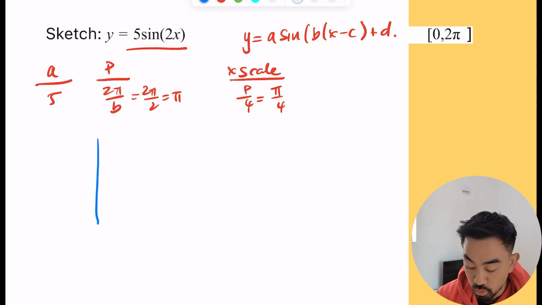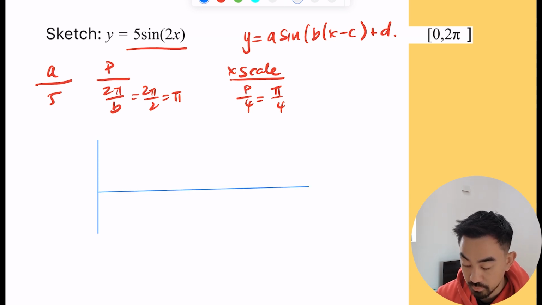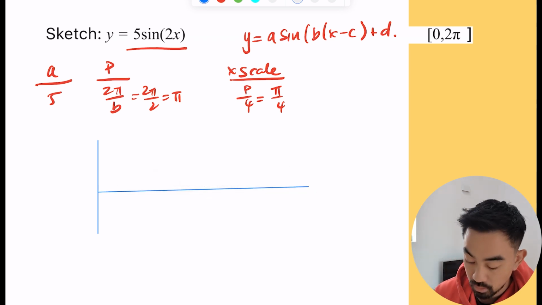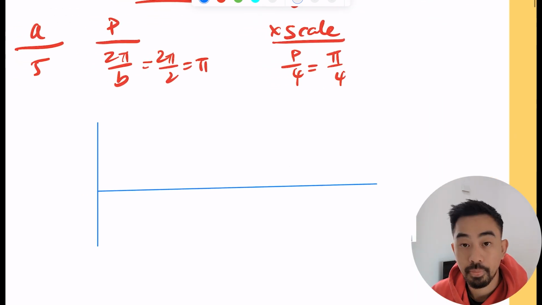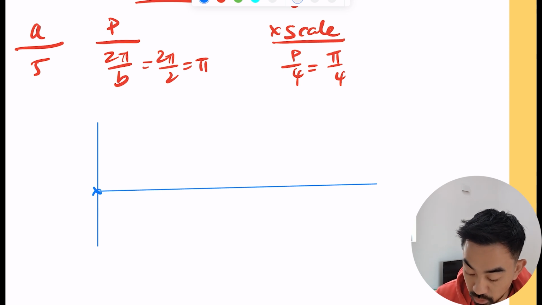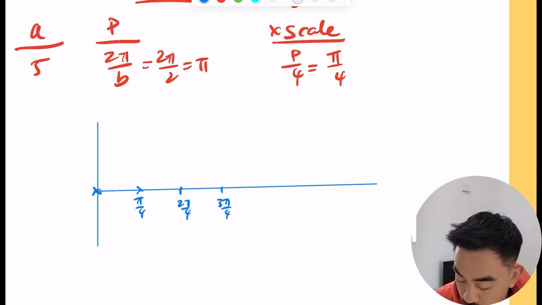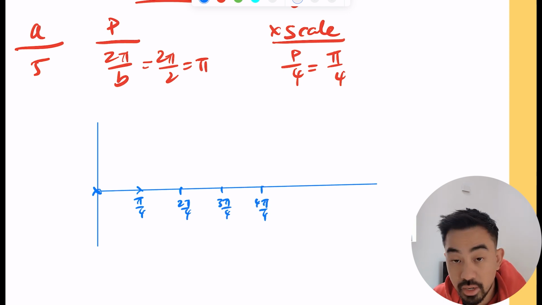So like before, draw in your axis. Okay. All right, now we're going to just put in the x scale first. So we've got 0, pi on 4, 2 pi on 4, 3 pi on 4, 4 pi on 4. Okay, so that's pi.